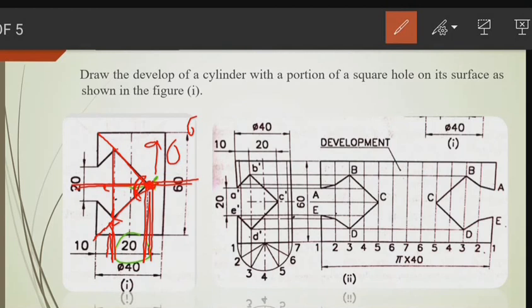Then you draw a straight line here and mark this 45 degrees, and you get the two endpoints. Then you take 20 from the axis here, 10 and 10, and you get these points, join these points, and you'll get this shape. I hope you got the idea.